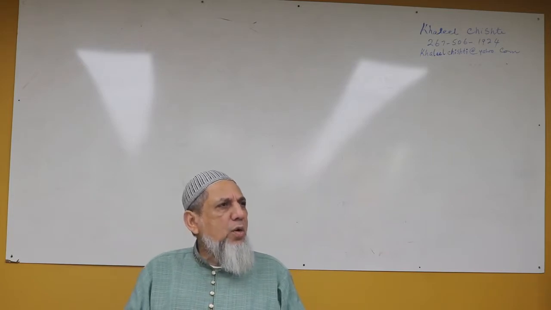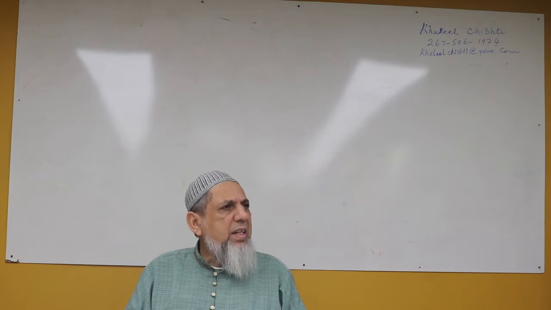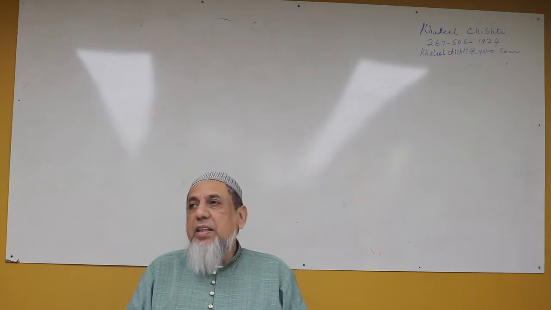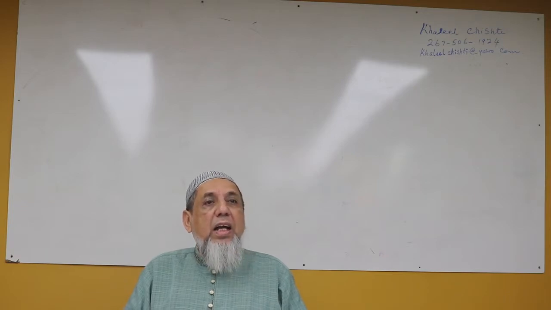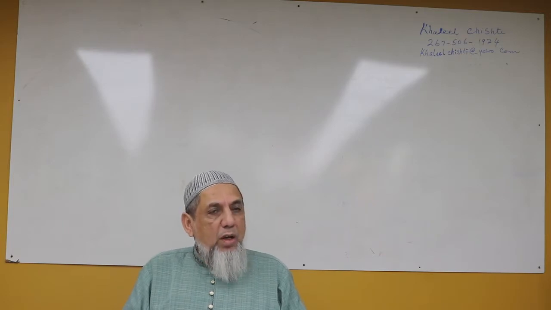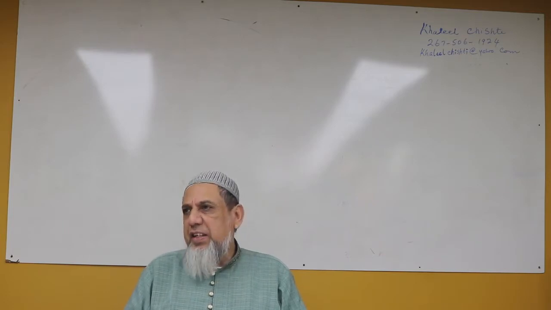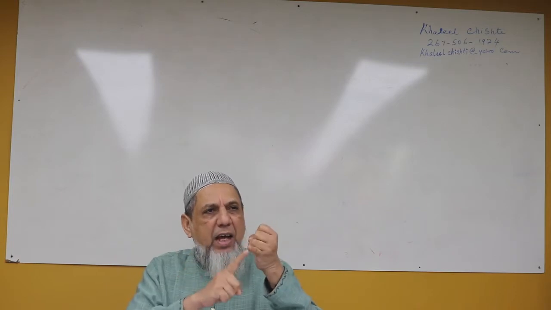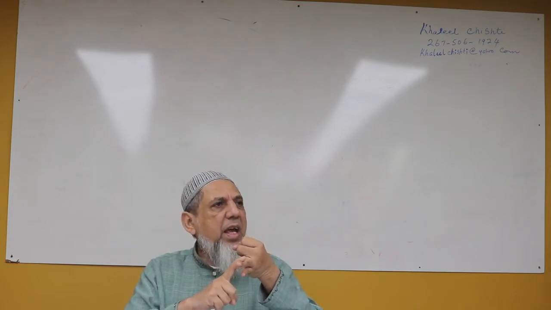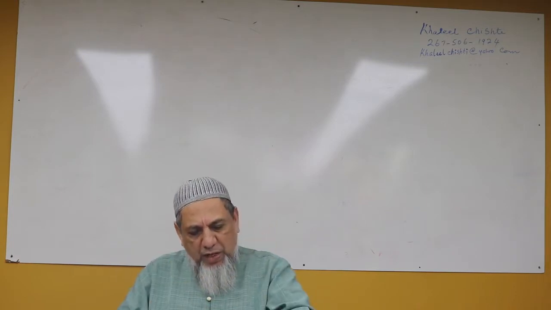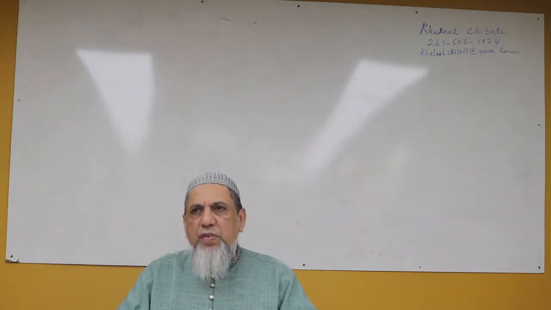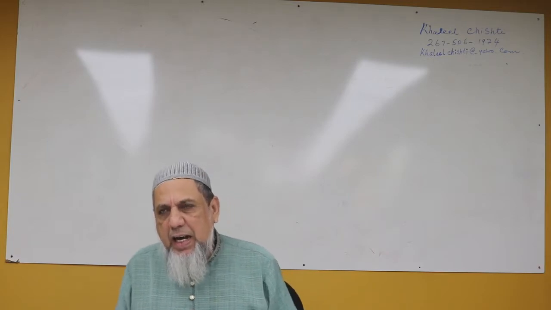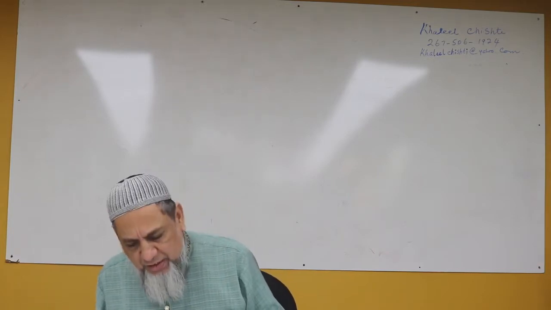These three letters are also called naqisa or defective. They have a third name, huruf illa. Illa also means defective. Huruf madda, huruf naqisa, and huruf illa. Those are the three names.